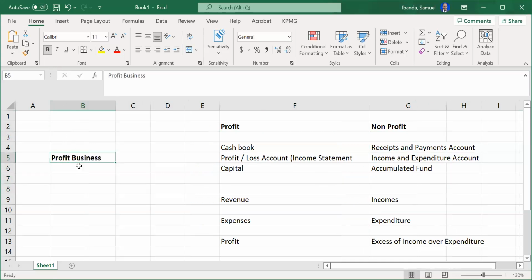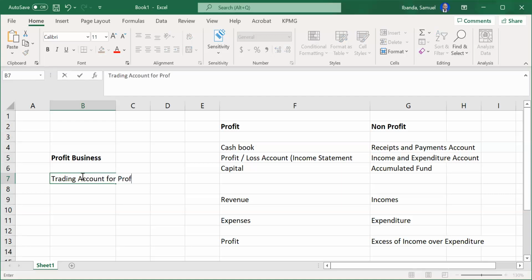Now, what happens is we do prepare a trading account for the profit business. Of course, the P and L for the profit business to determine the profits from that business.